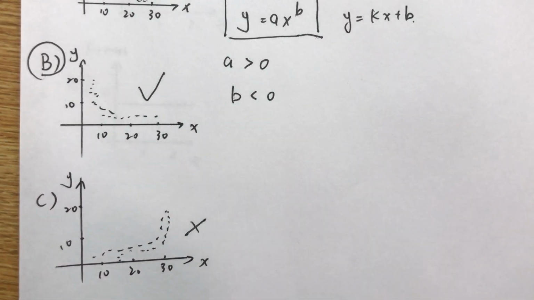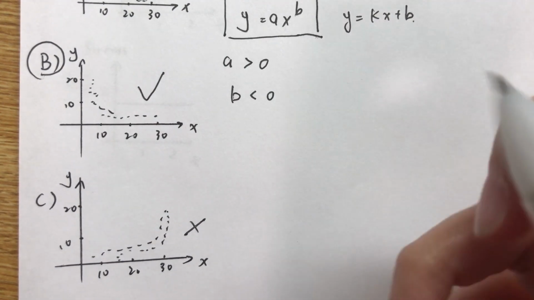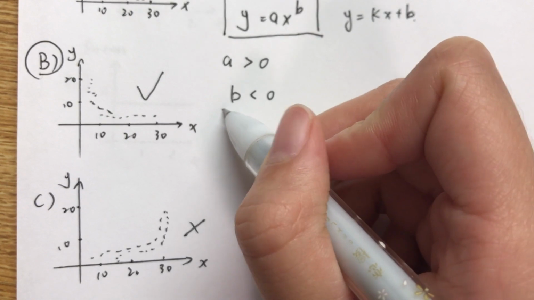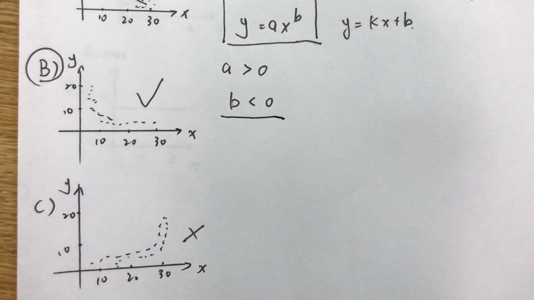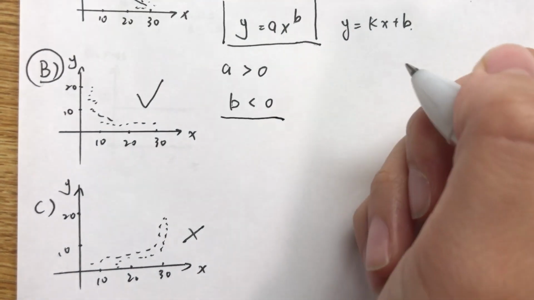From choice B and choice C, we need to look at the a and b. So since b is smaller than 0, it means this graph is rapidly decreasing.